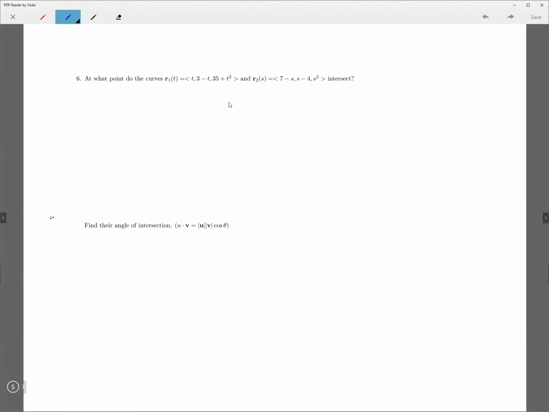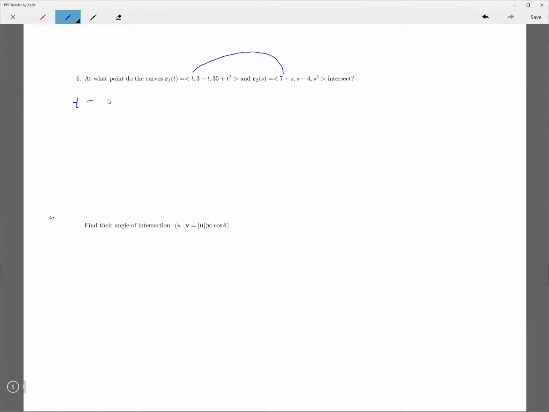So, how do you suppose we can find where they intersect? What can we do? You make them equal each other. Exactly. Okay, so you're going to take these components and equate them.